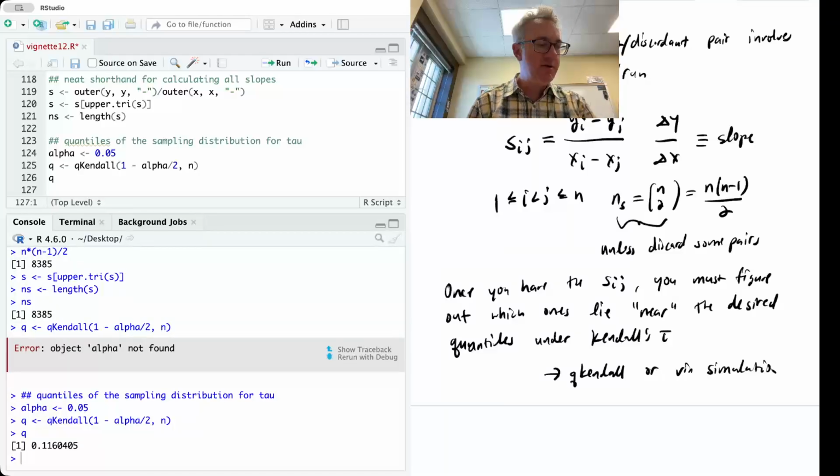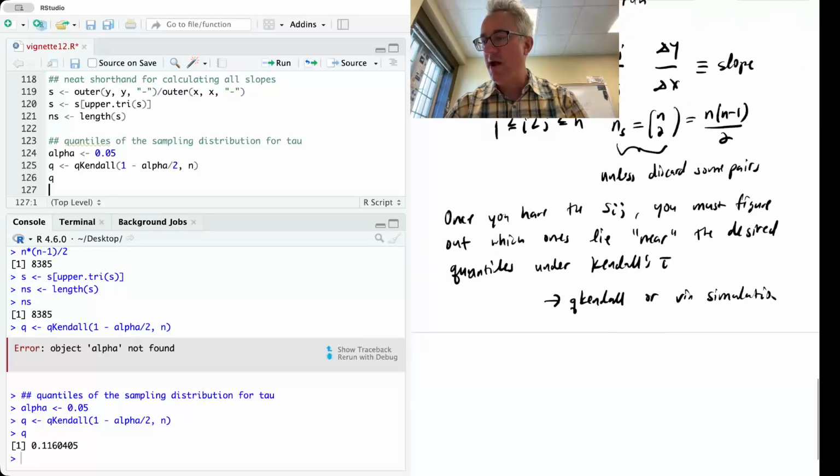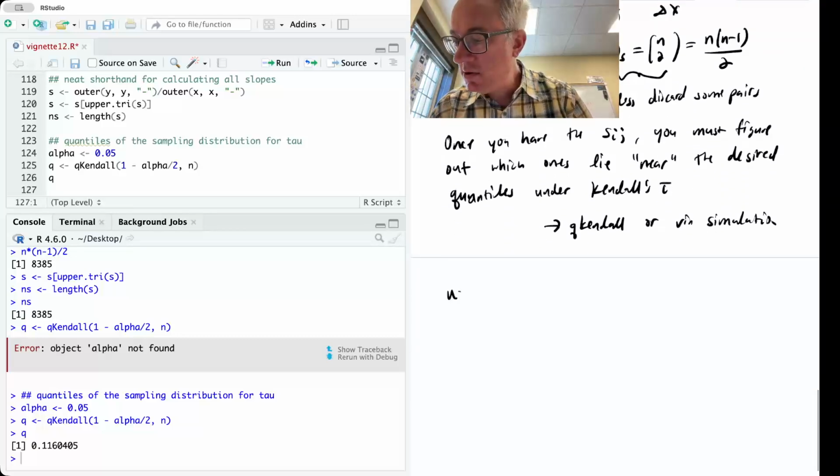0.011 is that number. And now what I need to do is use this.